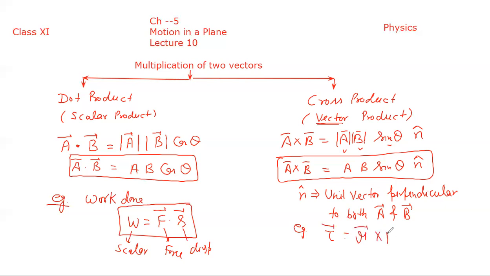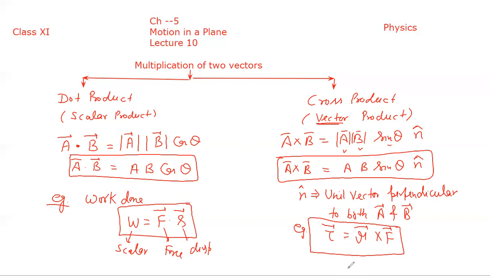So tau vector equals R vector cross F vector. Tau is the moment of force, or torque. So torque is clear to all of you. I think this table is clear to all of you.